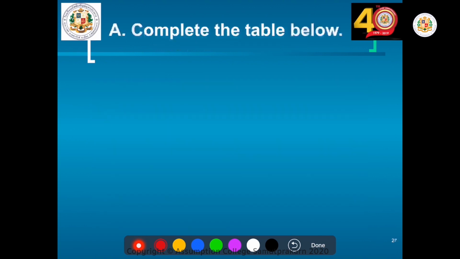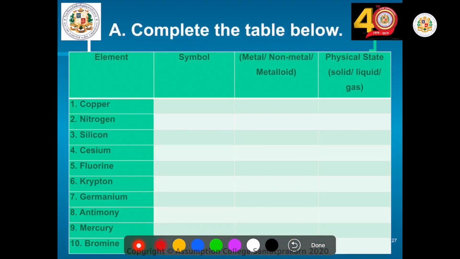You can copy the questions. You can pause the video in order to copy the questions. It's divided into two parts. Part A is you have to complete the table. So we have a list of elements.